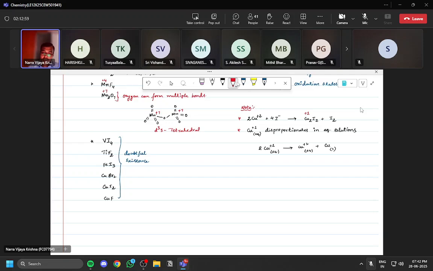Now, in case of copper +2, its enthalpy of hydration is more negative than its second ionization enthalpy.